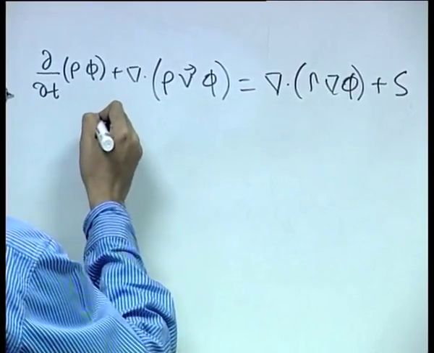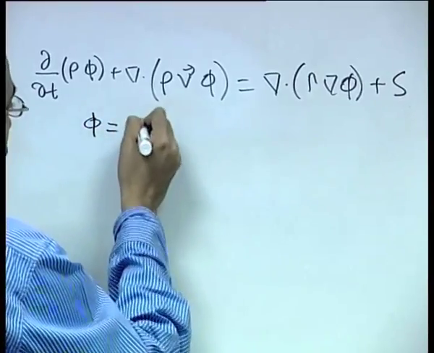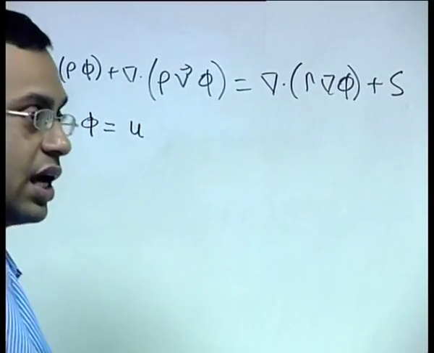So if you consider phi equal to u, it becomes the x momentum equation.